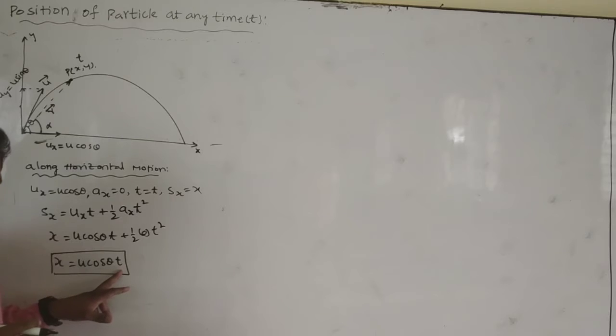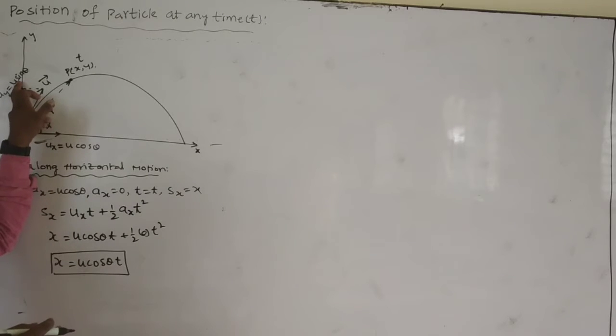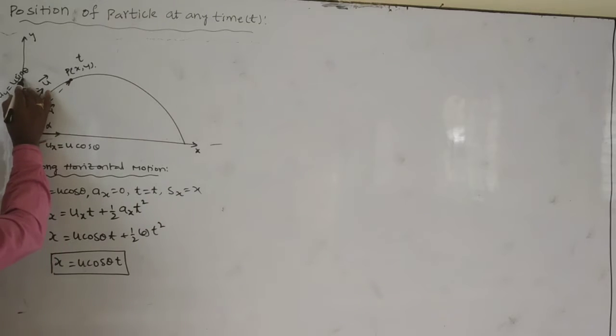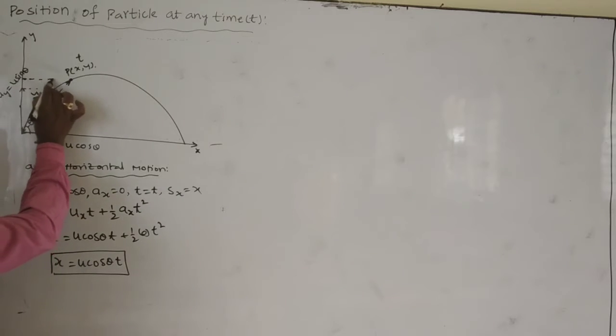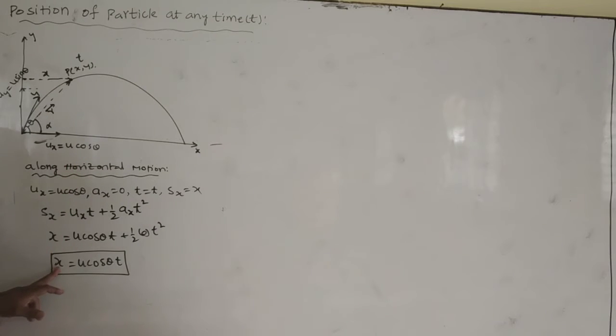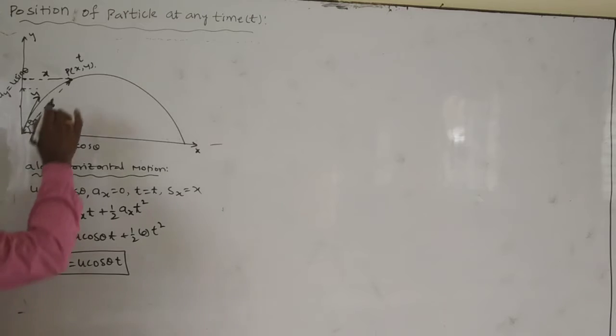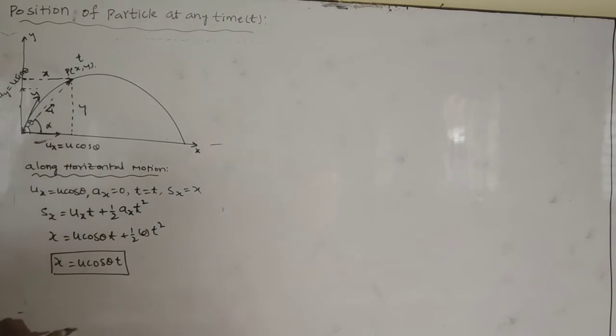After time t, the position of the particle along the x direction: along the x axis it traveled distance x, and it traveled along the y direction, the y axis.